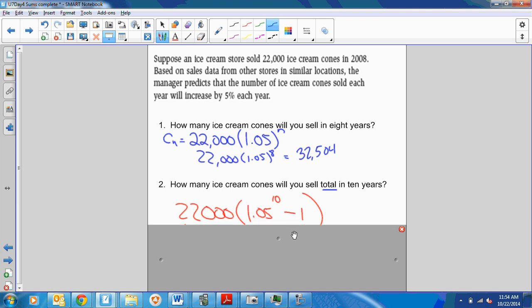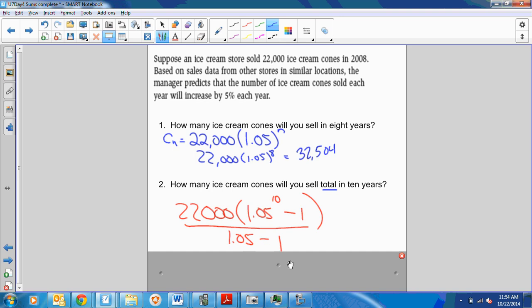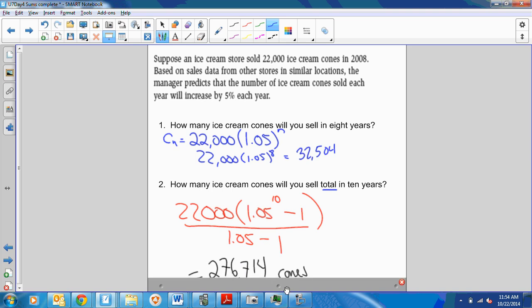It would look like this. You have 22,000, my initial value, that's my initial number of ice cream cones, times 1.05 to the 10th, 10 years, minus 1, all over 1.05 minus 1, which is 276,714 cones.